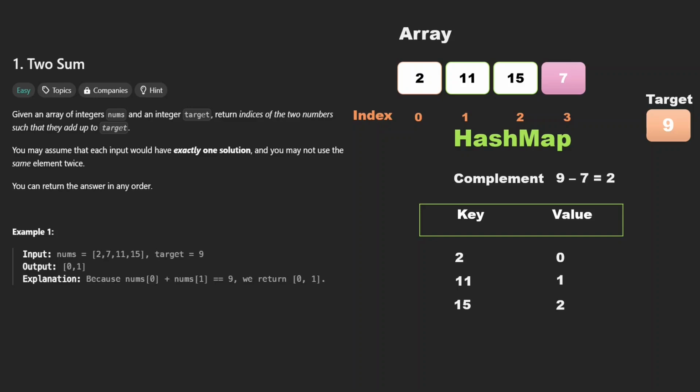So we will check in our hash map, and we find out that 2 is already present. So what we'll do, we will return the indexes. 2 is present at index 0, and the current index for our loop is 3, so it will return 0 and 3.